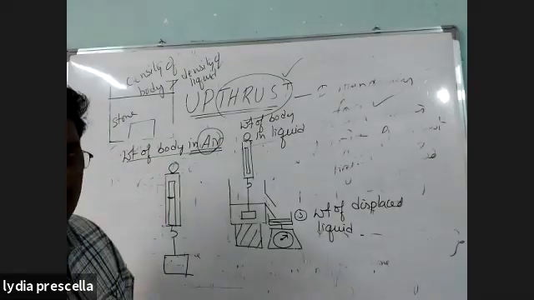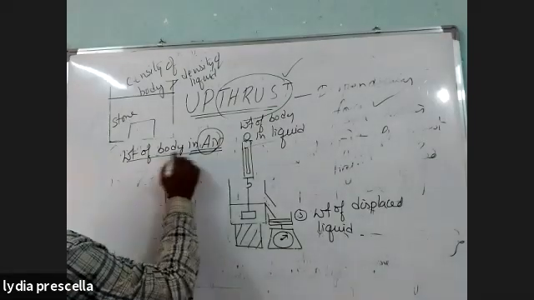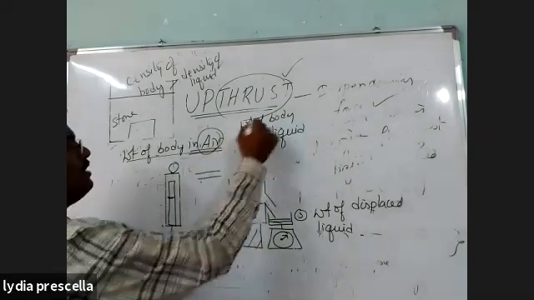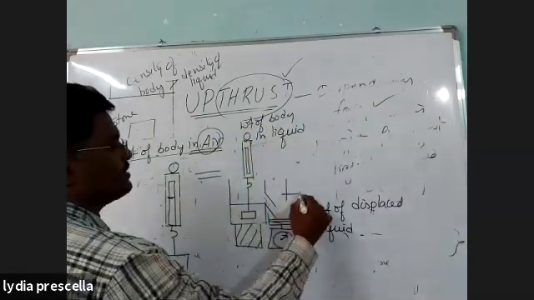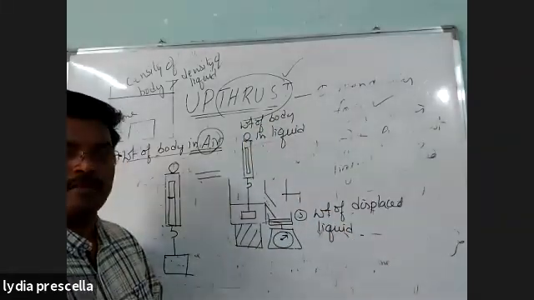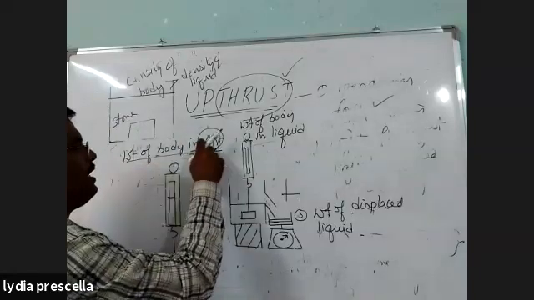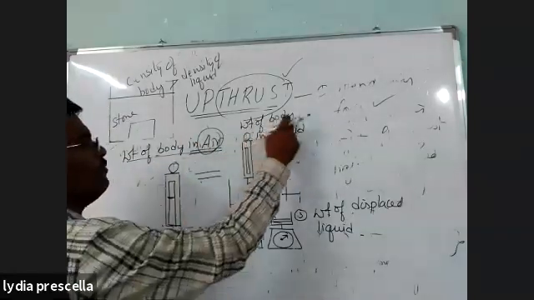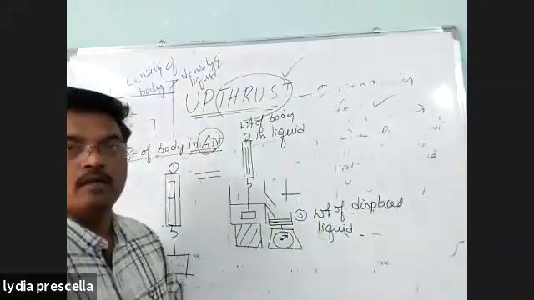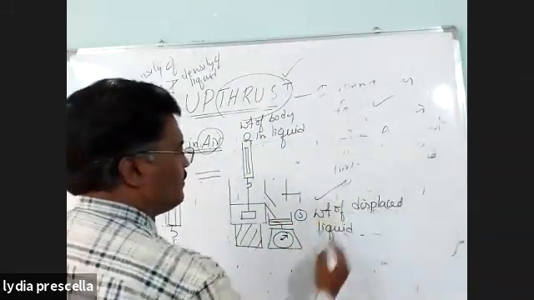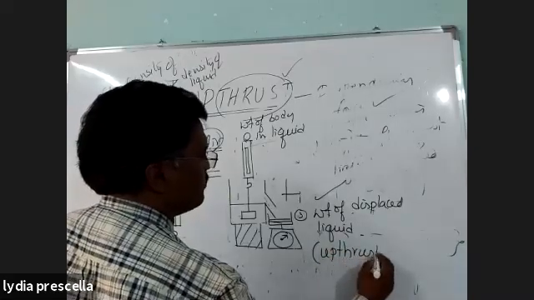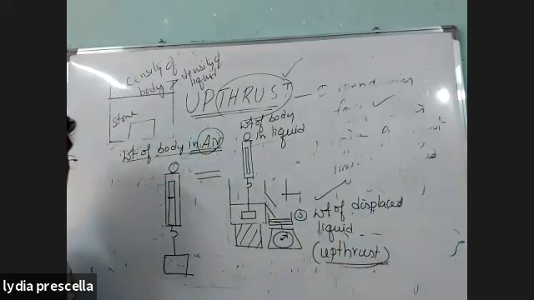So Archimedes principle says that weight of body in air is equal to weight of body in liquid plus weight of displaced liquid. This is Archimedes principle. But this weight of displaced liquid is also called upthrust. That is why I told about this upthrust.